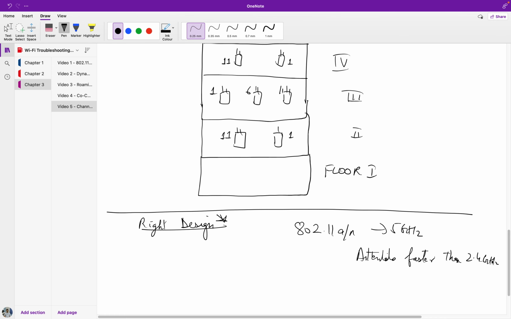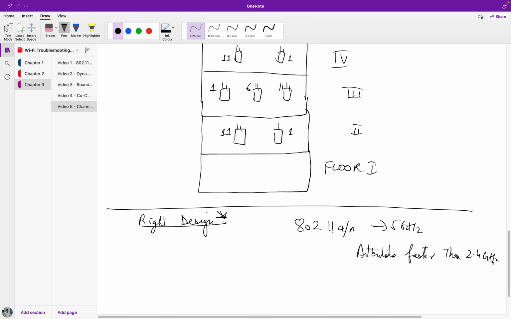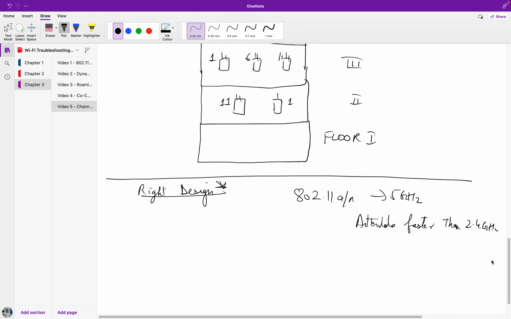Therefore, when performing a site survey for deploying for dual frequency, always remember this. Design the network for 5 gigahertz first. 2.4 will anyway follow, okay?